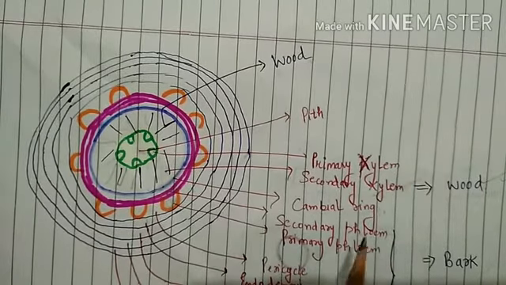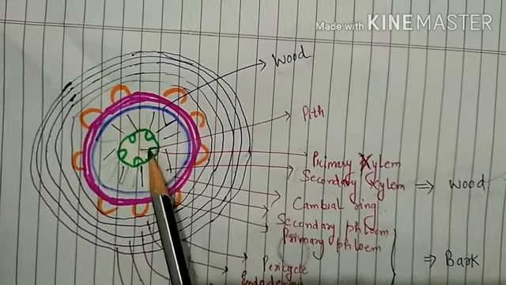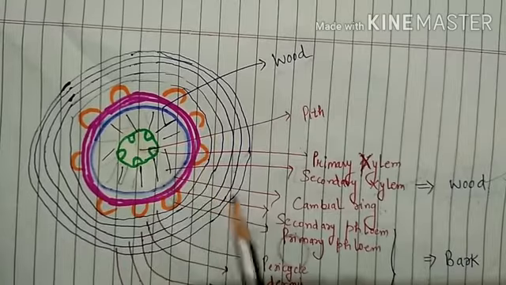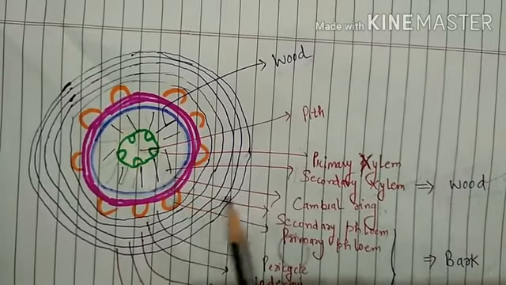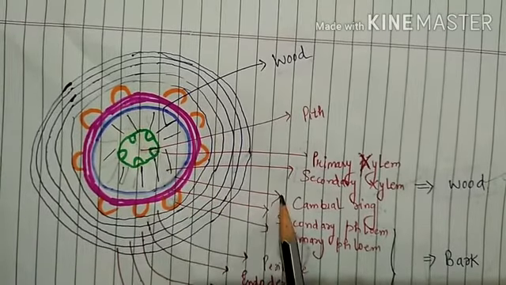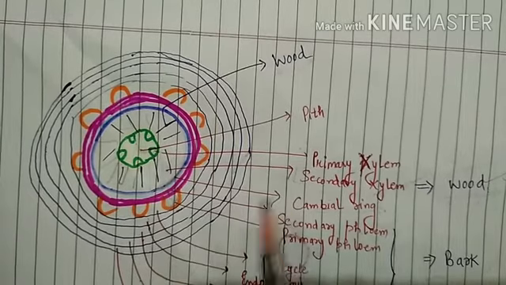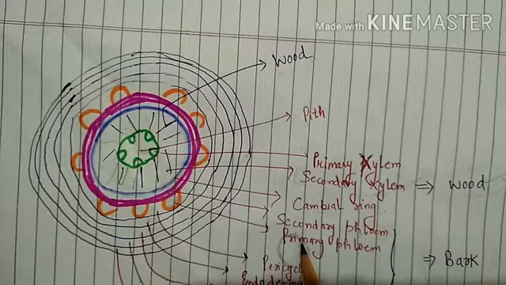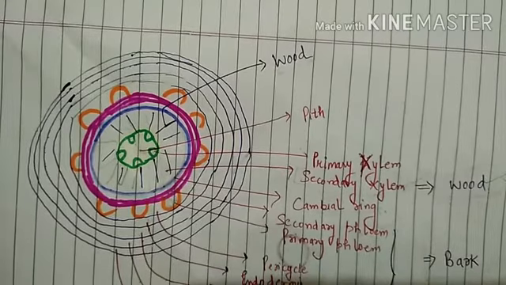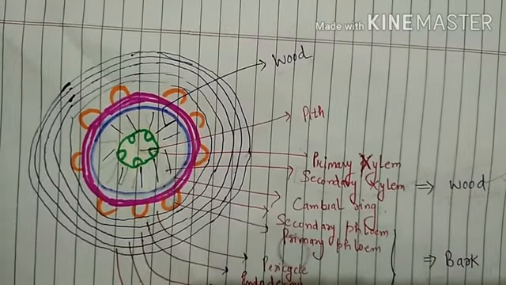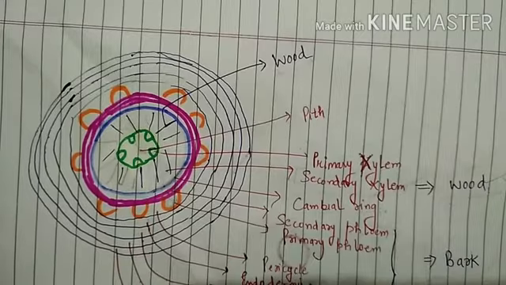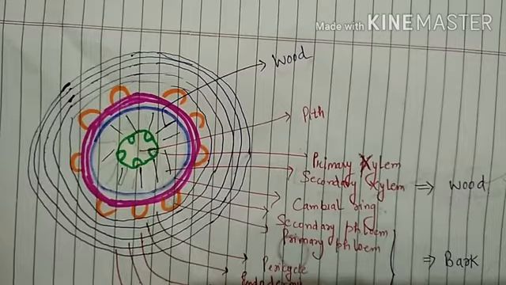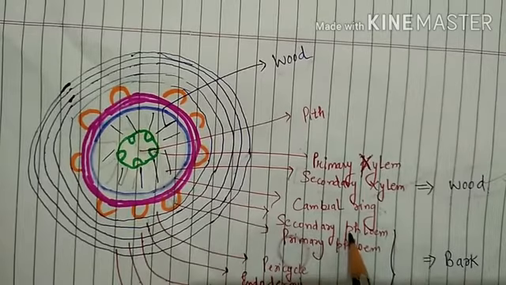You know that the primary xylem was pushed on the inner side, and the primary phloem was pushed towards the outer side. Ultimately all the tissues present outside the primary phloem, that is pericycle, endodermis, cortex, hypodermis and epidermis, will be crushed, and in this place there will be secondary phloem.